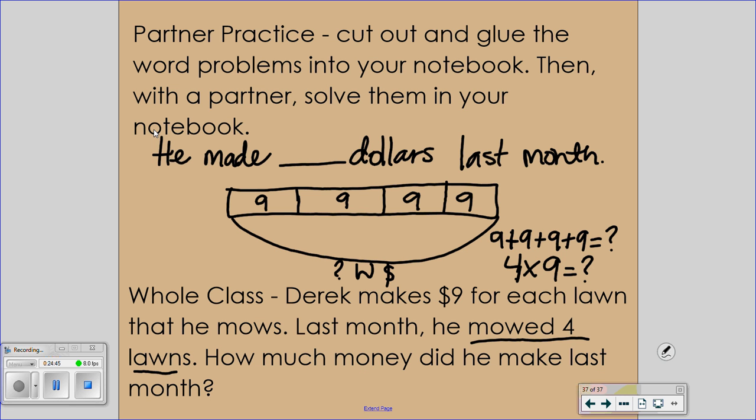4 times 9. Could you skip count? Yes. Could you do the trick that Ford and I talked about, where you do 10 and then subtract 1 group? Yes. Could you do your doubles, because it's 4s? Pick a strategy and work it out in your notebook.